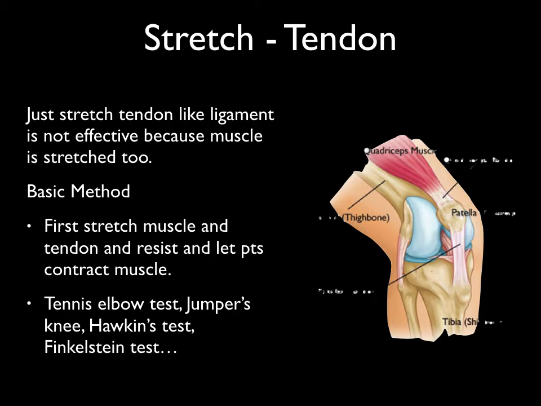So what can you do to isolate the effect to the tendon? Simple. Use your brains. Then the muscle is shortened and the ligament gets stressed a lot. Do you get it?